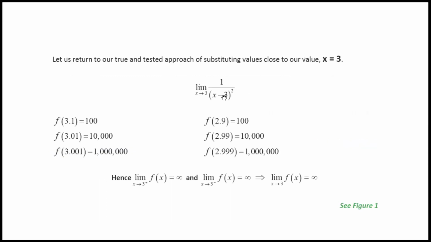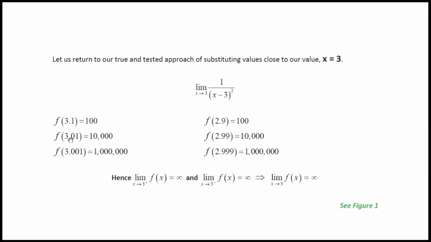So let's go back to the problem, and the only thing we can do is choose a number close to 3, and we're going to choose numbers to the right. So we'll start with 3.1 and put that in, and we get 3.1 minus 3, which is 0.1, which is 1/10, and we'll square it. 1/10 squared is 1 over 100, and when you divide, you invert, so that becomes 1 times 100 over 1, giving us 100.